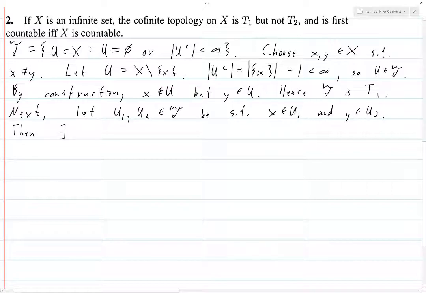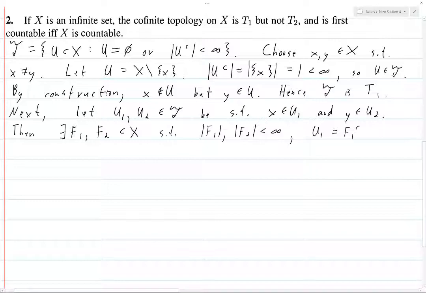Then there exist sets F1 and F2, which are subsets of X, such that both F1 and F2 are finite, and U1 is the complement of F1, and U2 is the complement of F2, because that's what open sets are. They're finite complements.